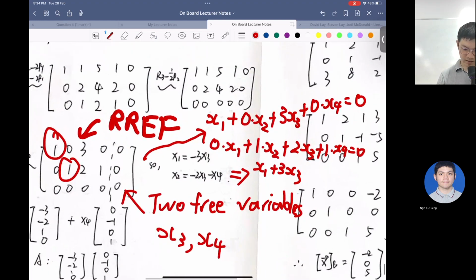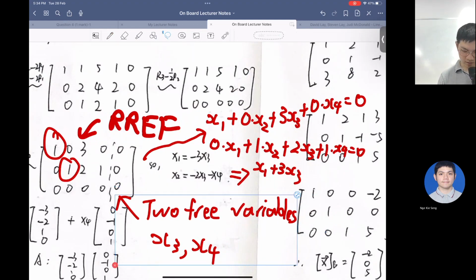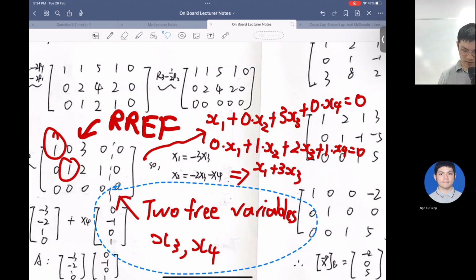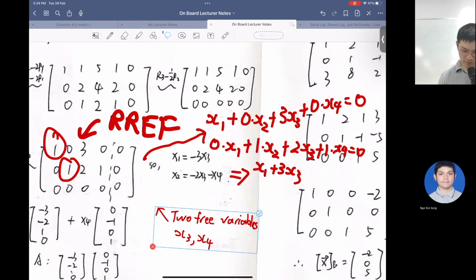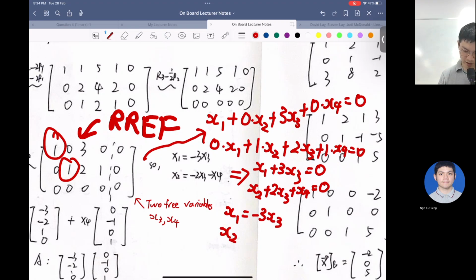Maybe it's a bit small, is it? Okay, let me write. So x1 plus 3x3 equals 0, and then the next one you get is x2 plus 2x3 plus x4 equals 0. And then from here, you express x1 in terms of x3, and then x2 in terms of x3 and x4.